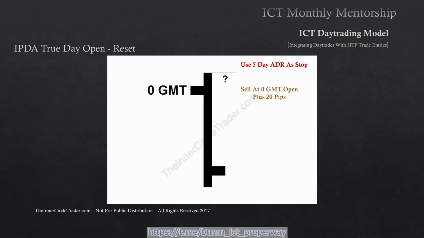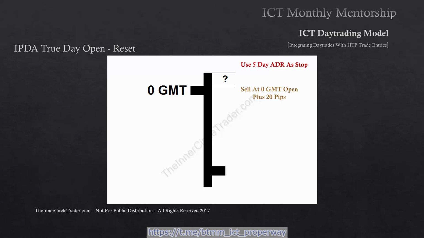So long and short is, we already know there's going to be very little upside above the opening price because we are in a bearish cycle. So we can just look at the opening price, add 20 pips to it. There's your limit order. Your stop is the 5-day average daily range added to that entry, and then you use your higher time frame objectives for your profit, and you just go to sleep.